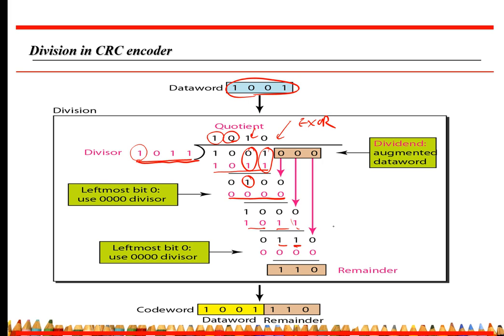For the last part, the bit 0 uses 0 0 0 as the divisor. If we add this up, then 0 1 1 0. So now we have a 3 bit remainder, 1 1 0. The code word will be generated through this kind of calculation, and then the code word will be used for error detection purposes.